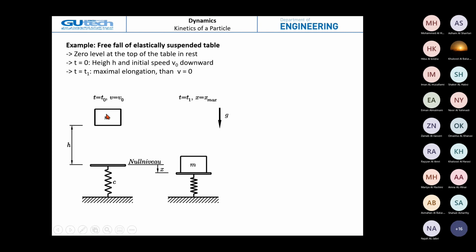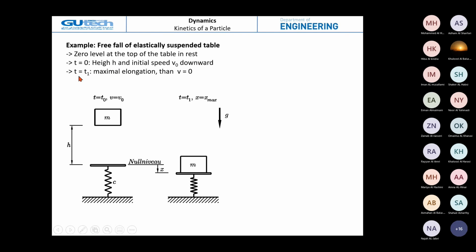The free fall of the table starts at the position H, the height H here. We take the zero level here. Now when the table is at the actual time, the spring will be compressed by, let's say, X.